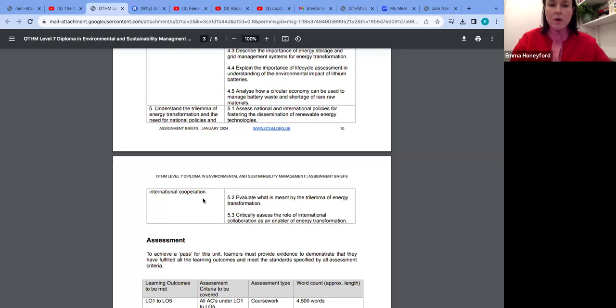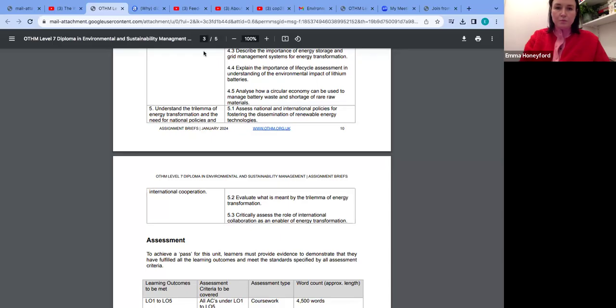I'll explain shortly what the trilemma of energy entails. For learning outcome 5.1, we need to understand how to assess the national and international policies for fostering the designation of renewable energy technologies, so how national and international policies act as a catalyst for the growth of renewable energy, which we will need to reach the ambitious net zero targets for 2050.